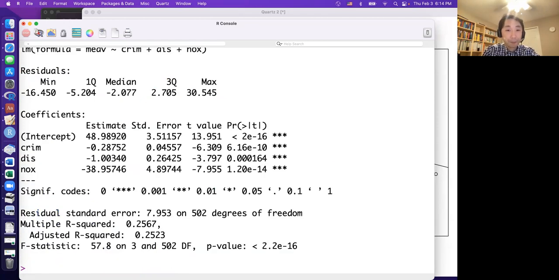You can see if we put 3 variables, the crime rate is still significant, but the distance from the city center and the NOx level are also significant. So these 2 variables have additional information.